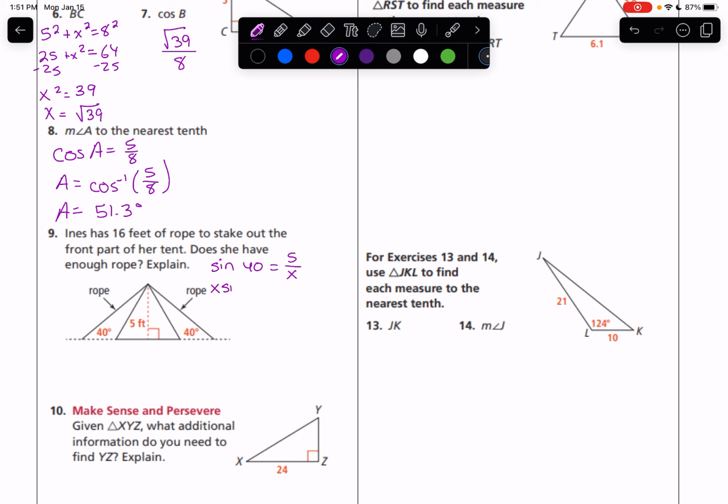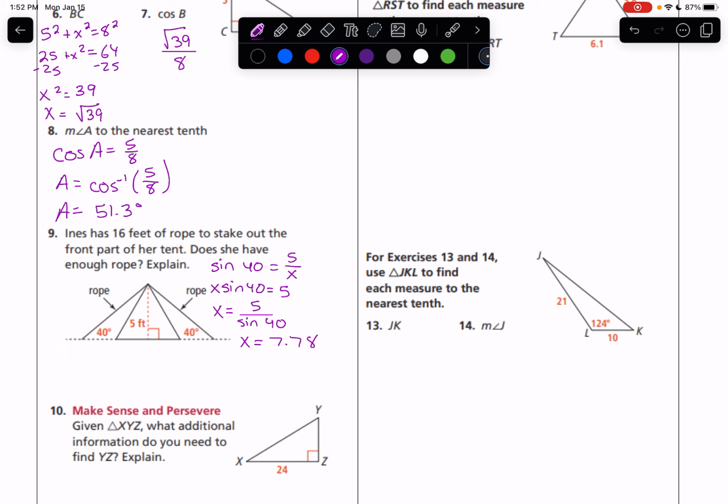So I have x sine of 40 equals 5. But I don't want x sine of 40. I want x on its own. So I'm going to divide both sides by the sine of 40, get x equals 5 divided by the sine of 40. And by doing that, I find out that x is equal to 7.78.